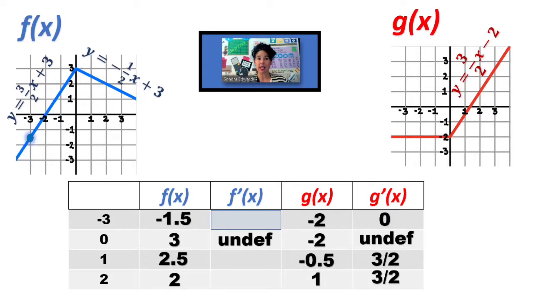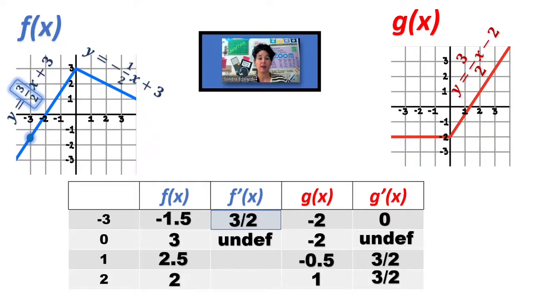If I go to -3, the derivative is the slope of the tangent at that point, not the y coordinate. What's the slope of the tangent? Well, anywhere that we are on this line, the derivative of any point on that line is going to be the same as the slope of that line. So the slope at x equals -3 is 3/2.